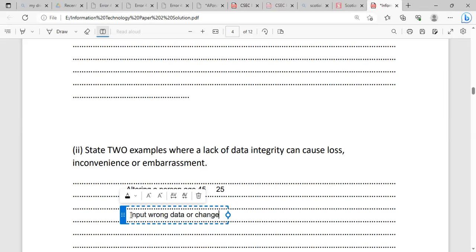Some persons will change things to give them an advantage unfairly and all of that. So we have to consider all of those. So input of wrong data or change data. And as we said, also nudes. If you expose people's nudes and stuff, although organizations shouldn't have people's nudes still. So I didn't put that in there.